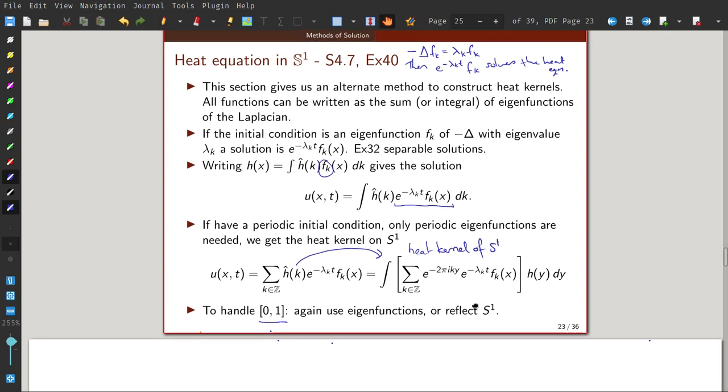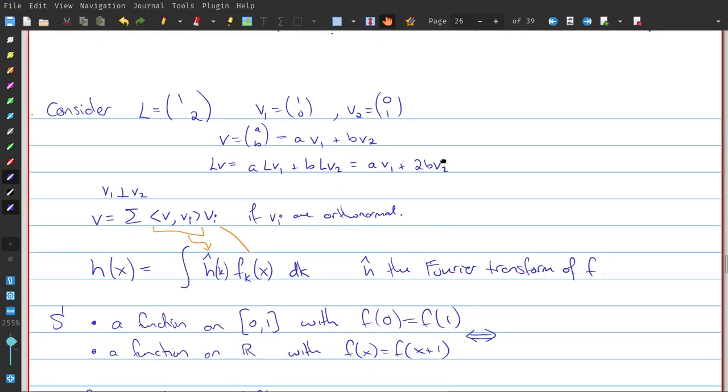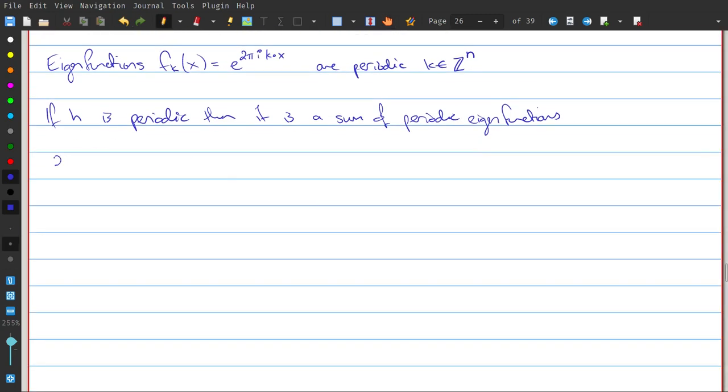Or you can do this trick that we discussed in the tutorials, where if f is a function on [0, 1], then consider g, which is f of x for x in [0, 1], and f of 2 minus x for x in [1, 2].